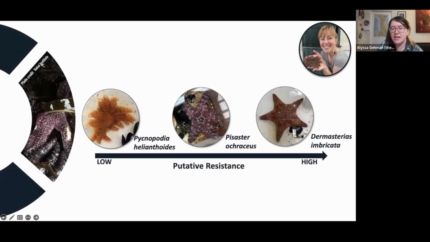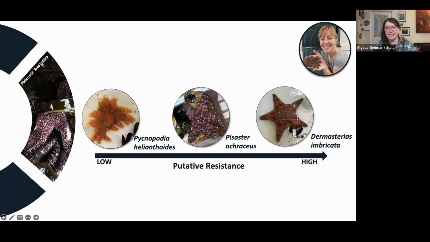First, I'm going to talk to you about some experimental work led by Grace Crandall from the University of Washington. Here we took sunflower stars, ochre stars in the middle, and then leather stars. These are three different stars on a scale of resistance to sea star wasting disease based on field observations.